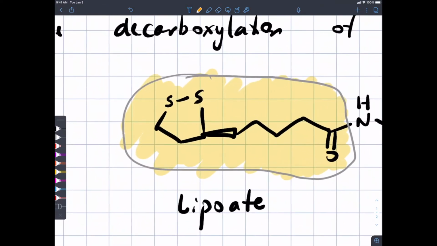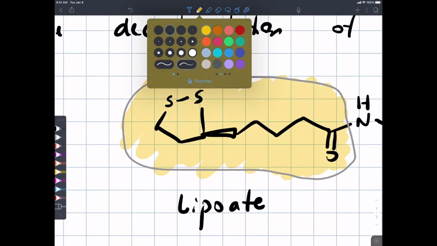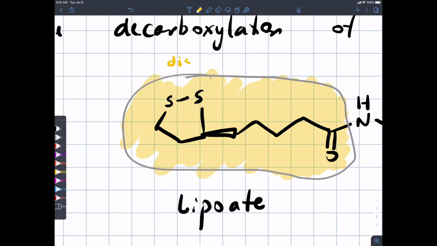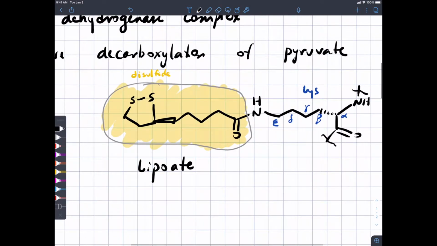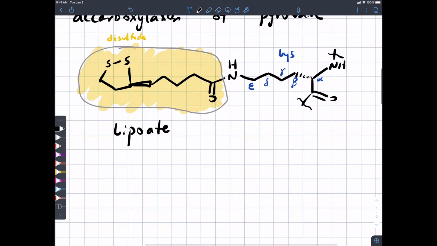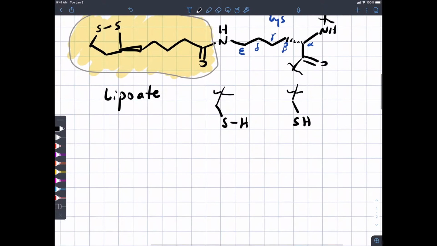And the key feature of lipoate is this disulfide. Do you remember, when we talked about cysteine residues, how the cysteine thiol can be oxidized to a disulfide?